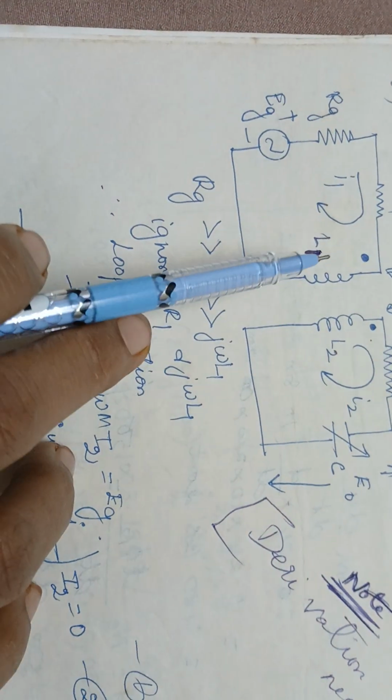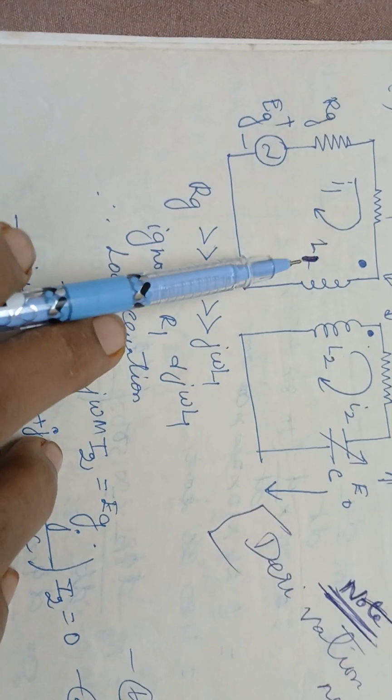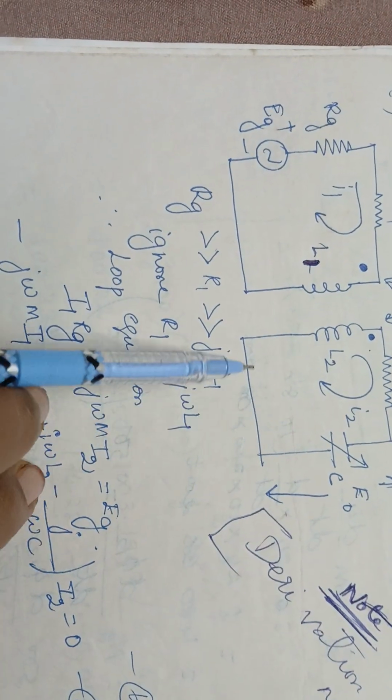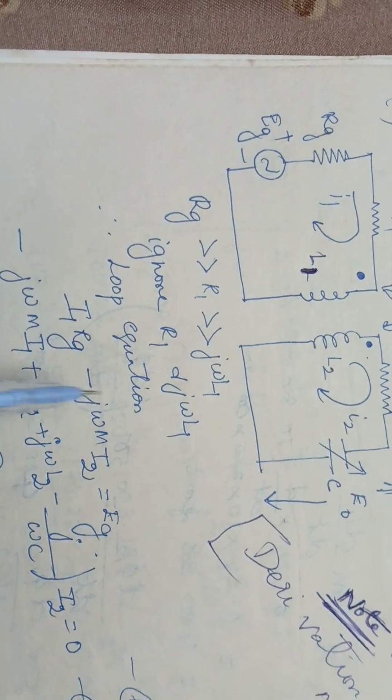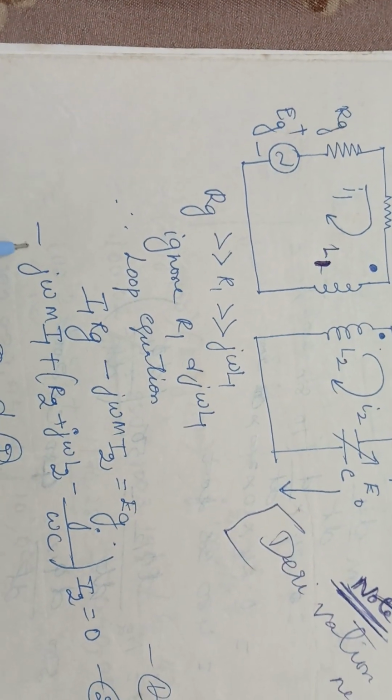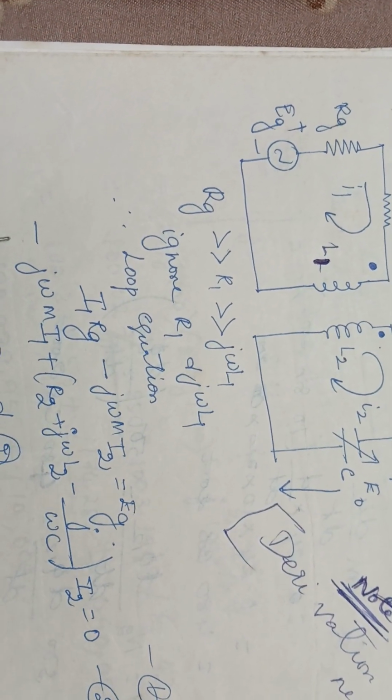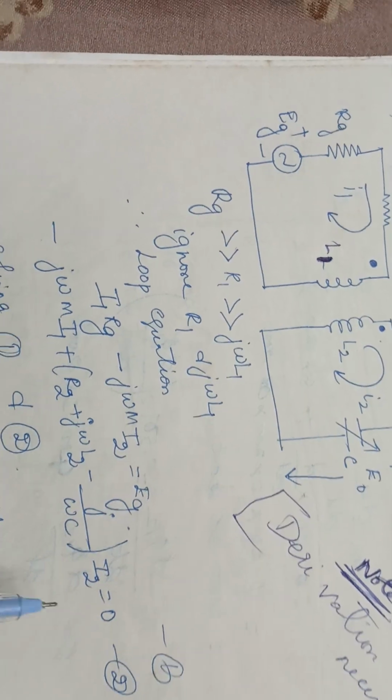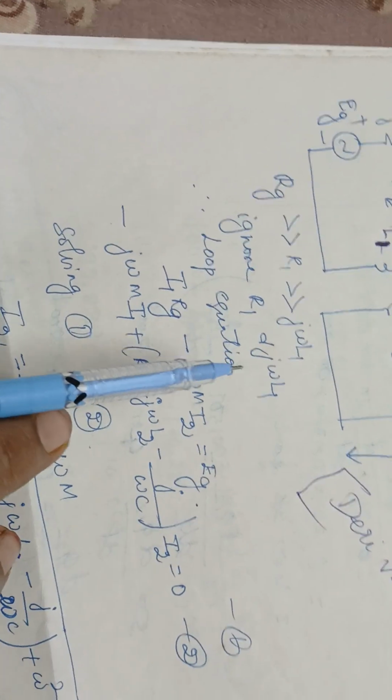Why? Because the current entering here is at the dotted end, and here the current entering is at the undotted end. So minus here and L2 is plus, both are opposite sign.